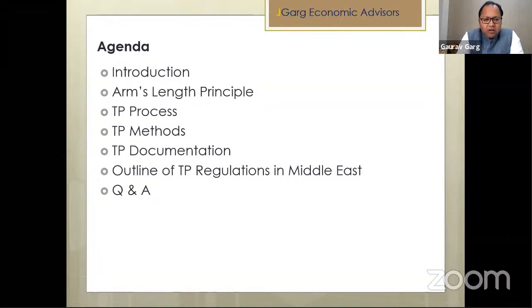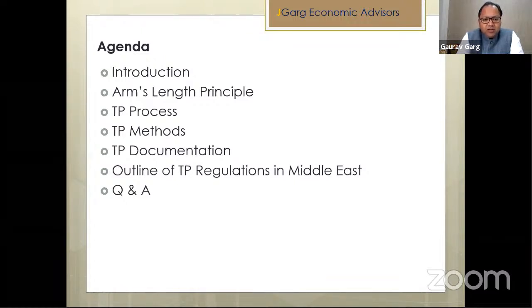See the agenda, or how we're going to proceed in today's presentation: I would be starting with the introduction and then understanding what the arm's length principle actually means, then broadly discussing the transfer pricing process that one needs to follow when transfer pricing law is applicable. What are the different transfer pricing methods and key attributes of those methods, and how you can use those methods while doing TP documentation.